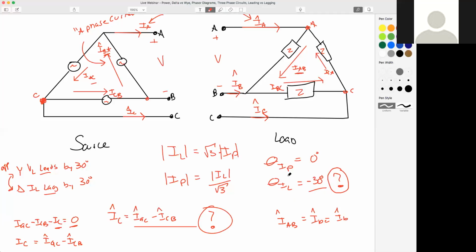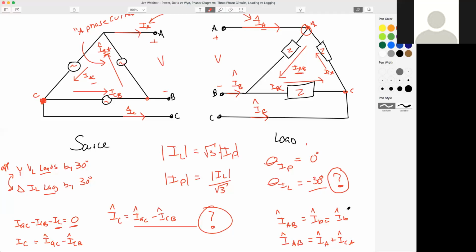And then the other one is we could look at it up here too, couldn't we? We could say IAB is going to equal IA minus ICA, right? Actually no, we would have IAB equals IA plus ICA, right?